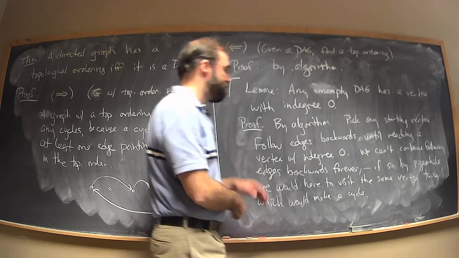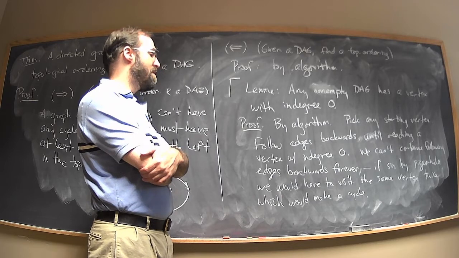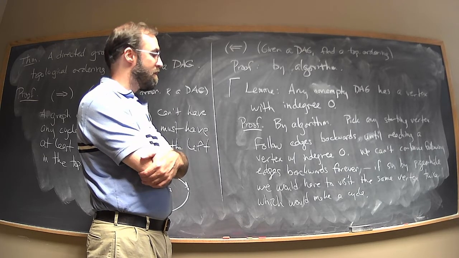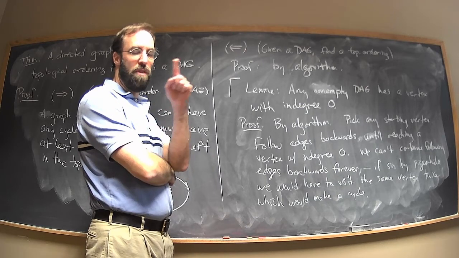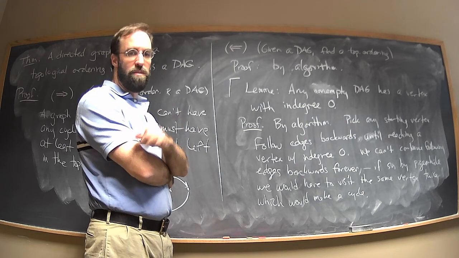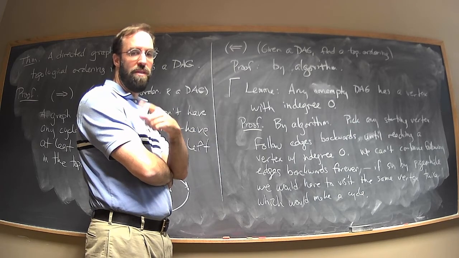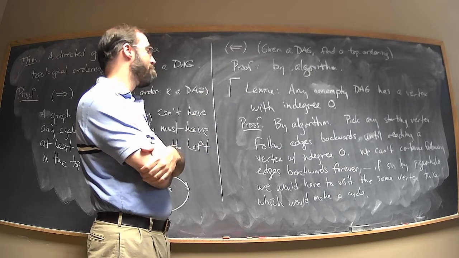Said another way, there's not enough room in a finite graph to keep following edges backwards forever. You're either going to start looping, or you're going to eventually get stuck somewhere where there's no more edges to follow backwards.